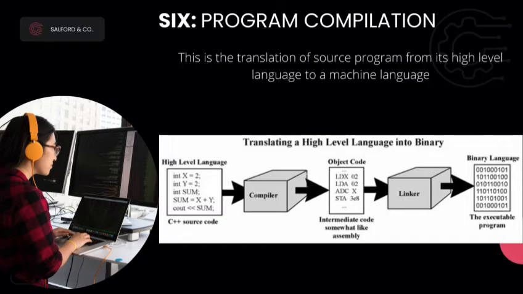Compilation is still the translation of source program from its high level to its machine language. When you translate a high level to a machine language, you are performing compilation. You are translating your program from human language to machine language. You've performed the program compilation.